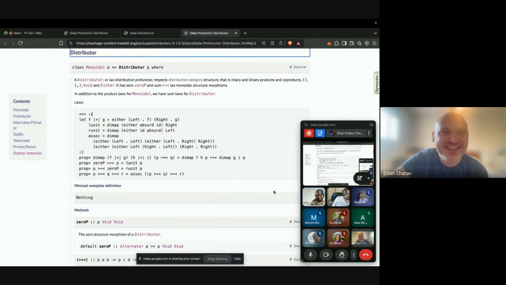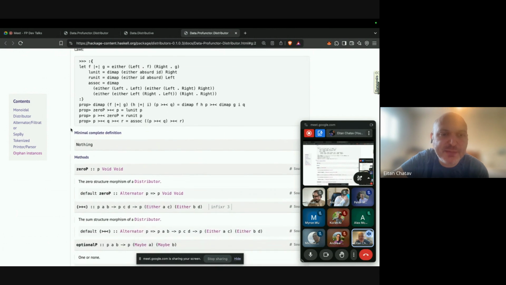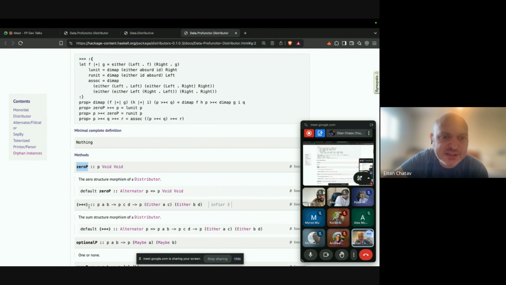Okay. So distributor is extending monoidal, just like alternative extended applicative. Now it's a class rather than a type synonym. And it has defining methods zeroP and plus again, doing the obvious things.